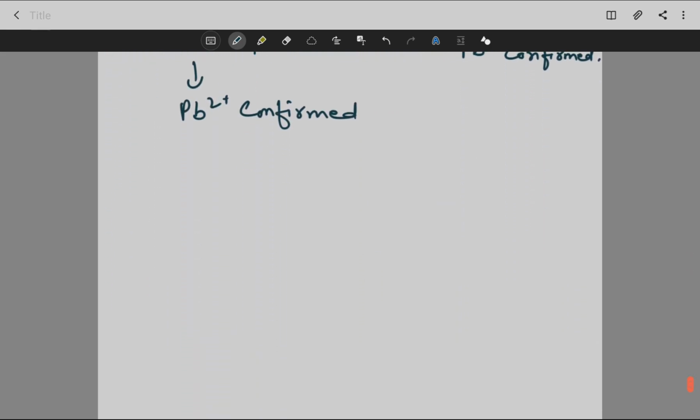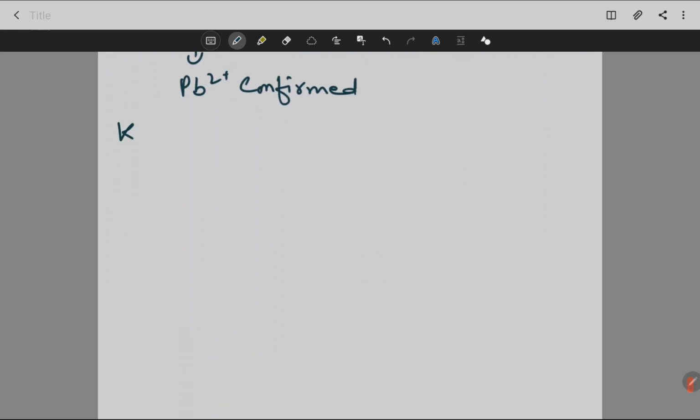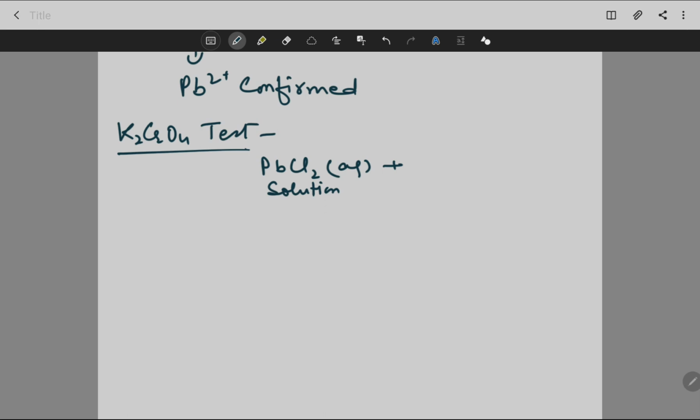Now when we do the potassium chromate test, the K2CrO4 test, what are we doing here? We are taking the white precipitate dissolved in water, and to that solution we are adding K2CrO4. So basically we are adding K2CrO4 into the PbCl2 solution, a clear solution you may say.